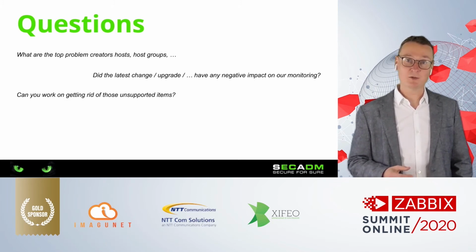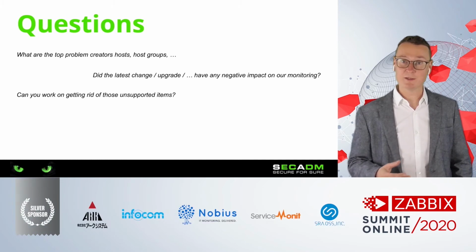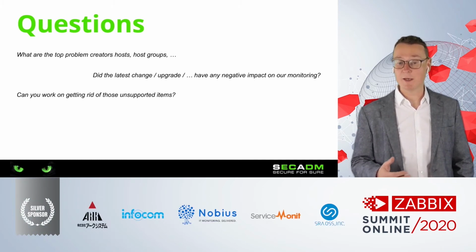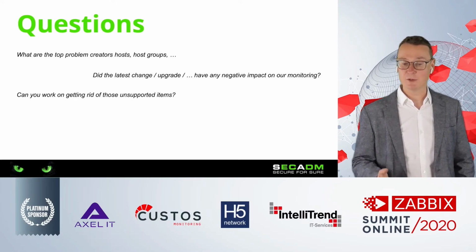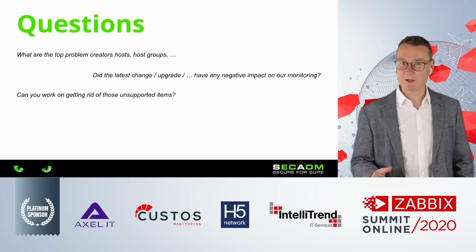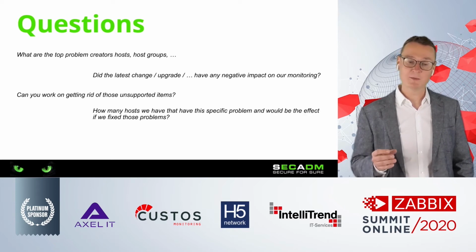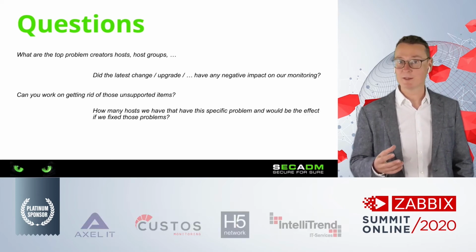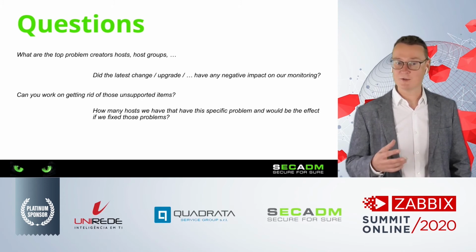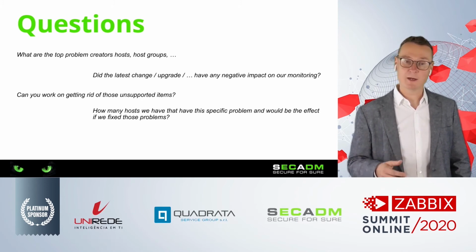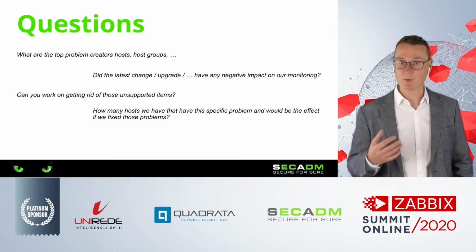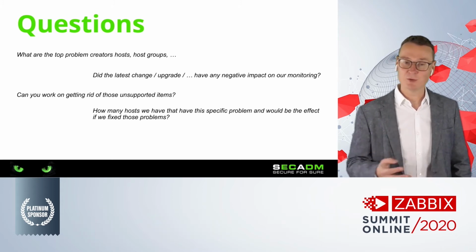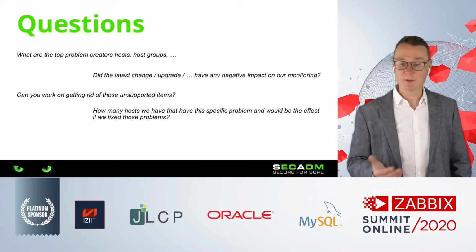Then we are often asked to help customers fix these unsupported items. Imagine how hard that job can be if you have like 10,000 of those, where to start. And sometimes we even have very specific problems in the Zabbix environments, often caused by maybe a known bug in an old version of an agent that behaves strangely with a certain version of Zabbix server or something like that.